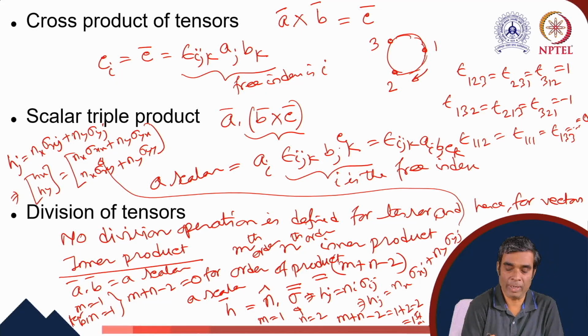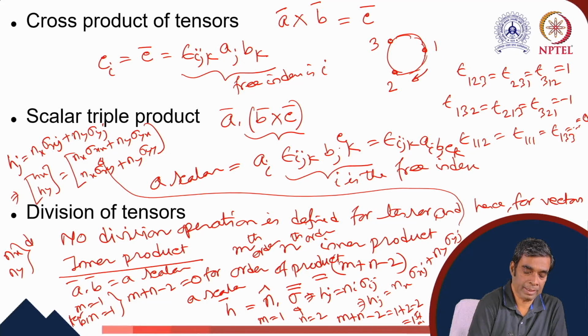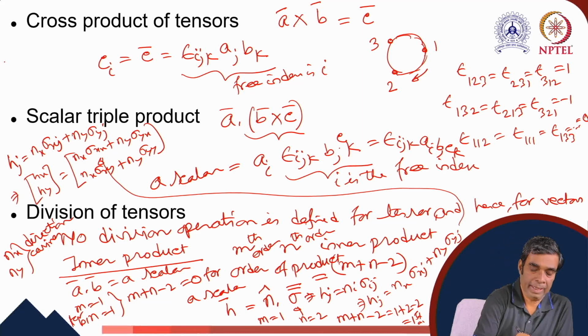Now these nx and ny quantities are the direction cosines. They are the components of the unit vector n cap. So here we can write that nx equals cos theta, and ny equals sin theta.